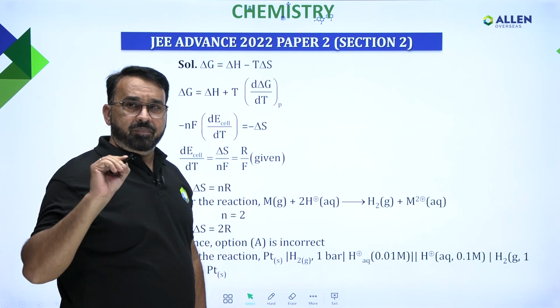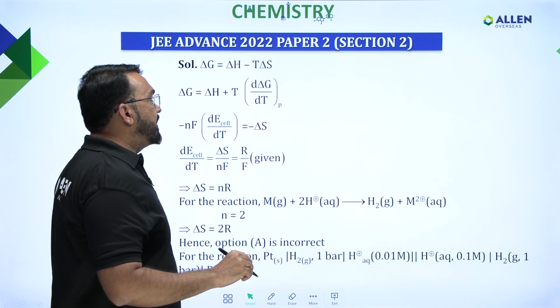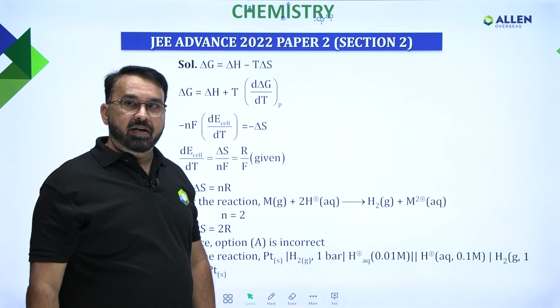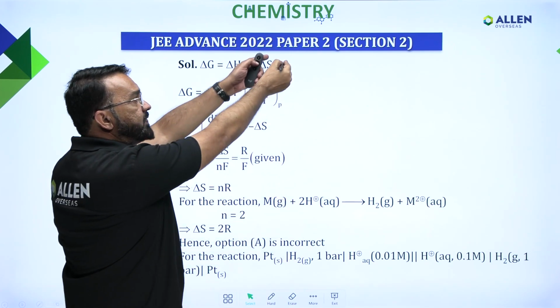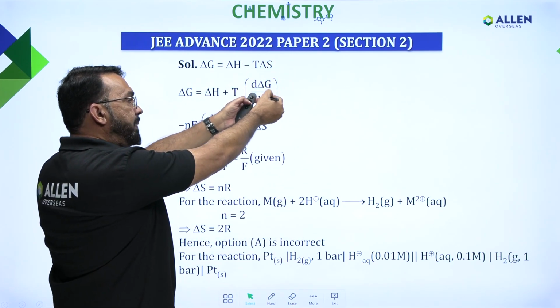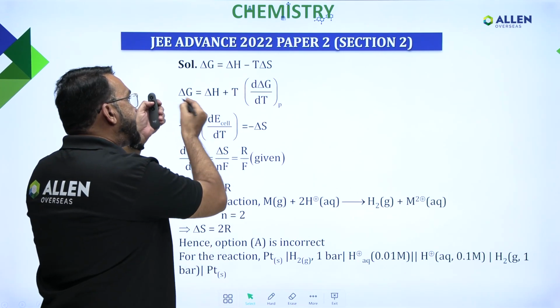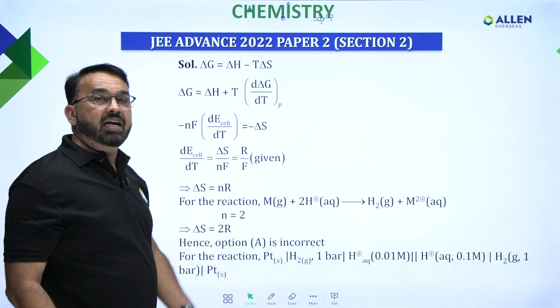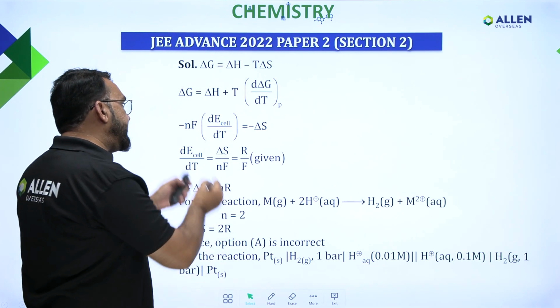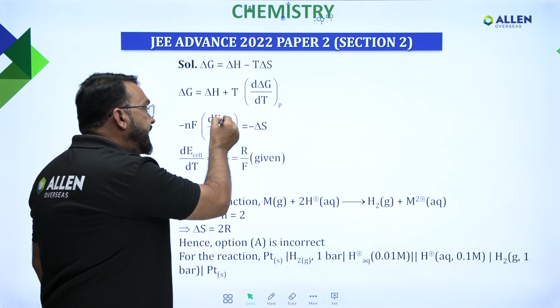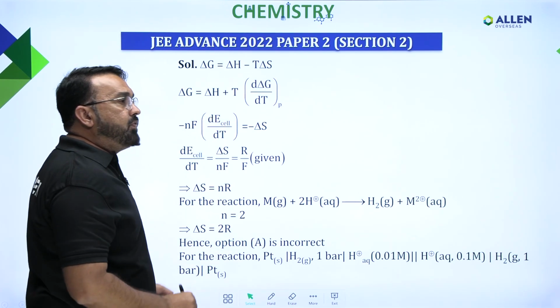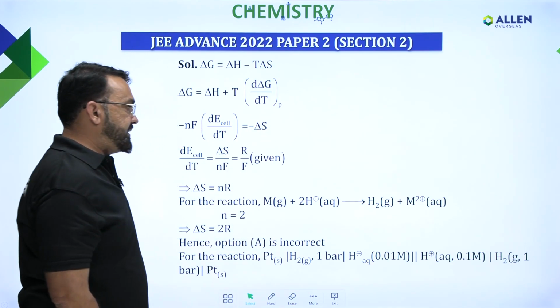Therefore, students, in place of delta S, I am substituting d delta G by dT. We also know that delta G is equal to minus nFE cell. So replacing it, minus nF dE cell by dT is equal to minus delta S.